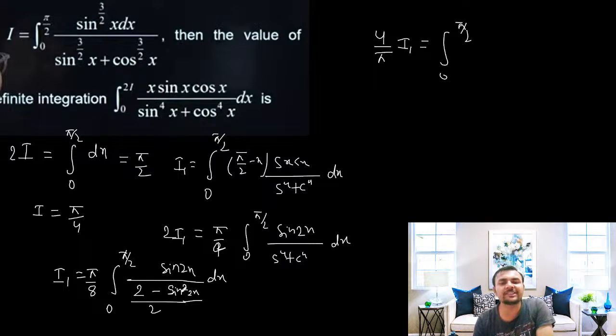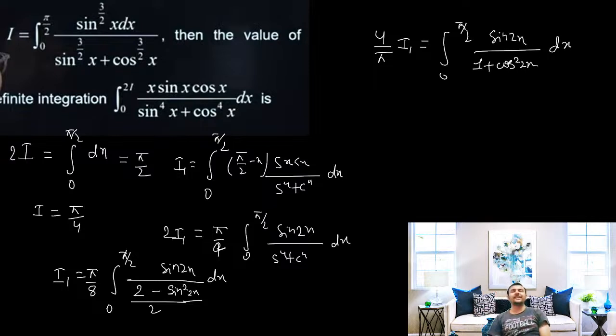Now we'll convert sine into cos. It is nothing but 1 plus cos square 2x, dx, sine 2x. The differentiation of cos 2x is minus 2 sine 2x, so we'll multiply by minus 2 on both sides. So this is minus 8 by pi I1. This is t, this is dt.